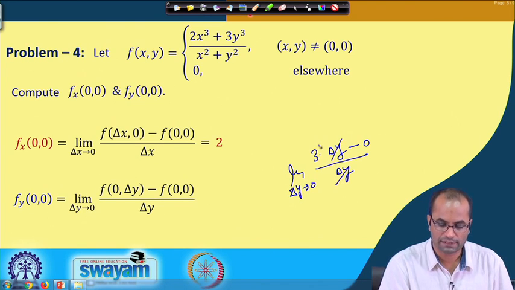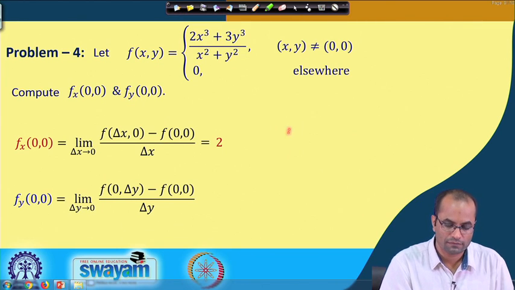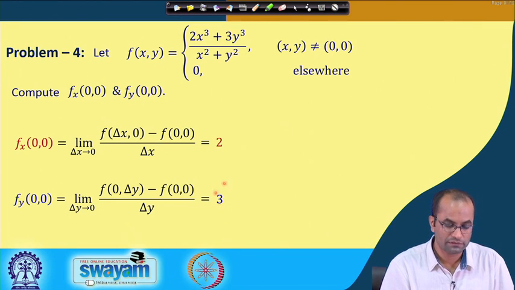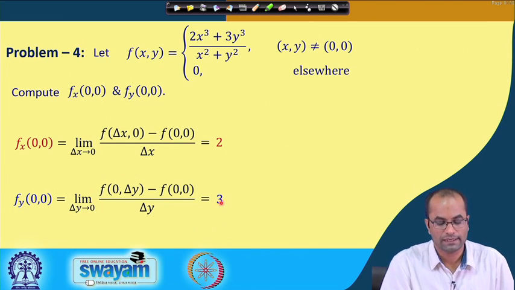Here this gets cancelled and you will get this value as 3. So, we have the partial derivative with respect to x as 2, and the partial derivative of f with respect to y as 3.